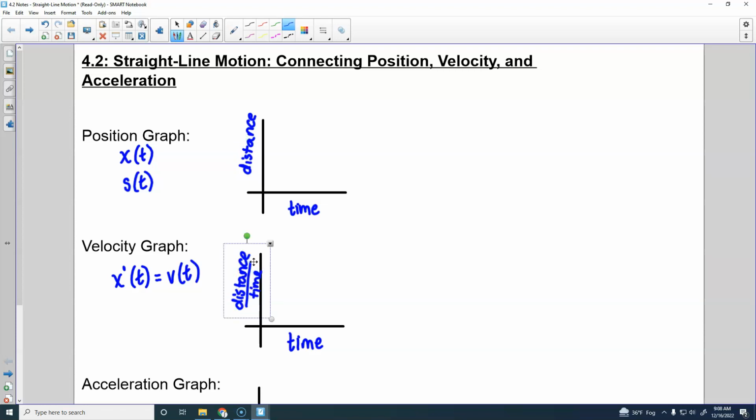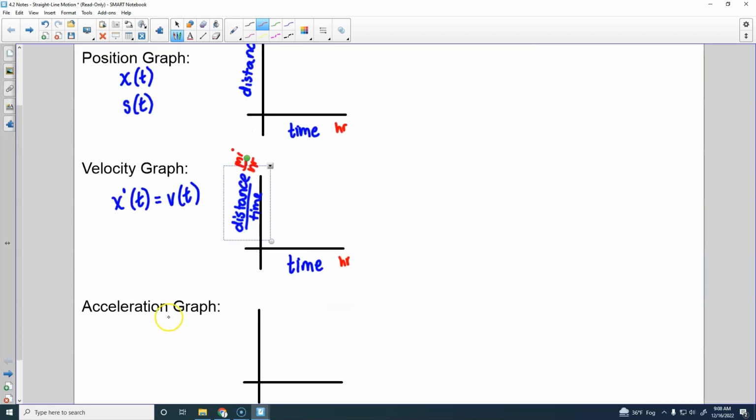I like thinking of it with actual units. So if this was hours and this was miles, now this is still hours, this would be miles per hour. When we hear miles per hour, we think velocity, right? Or at least speed. So velocity is the derivative of our position.